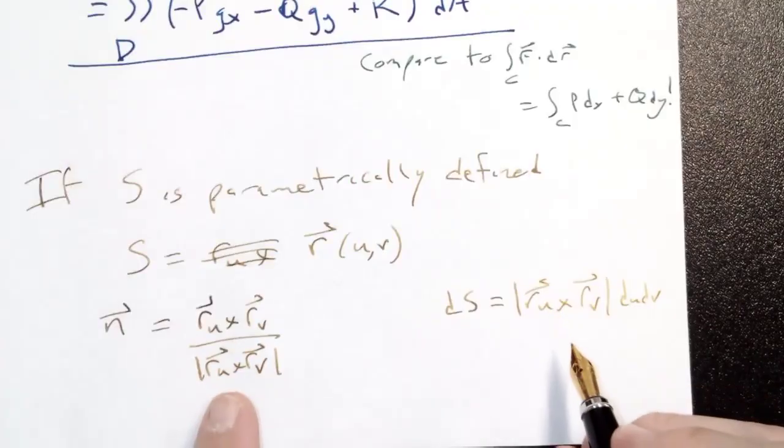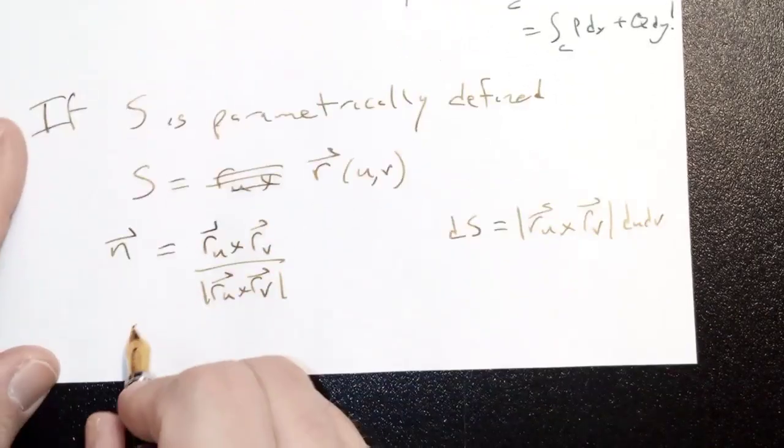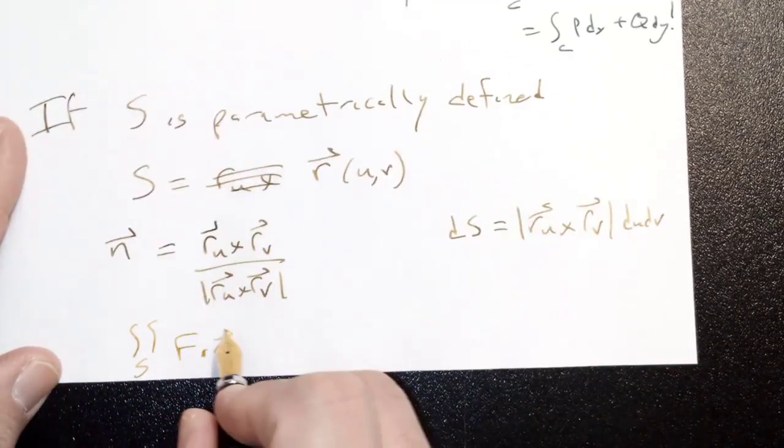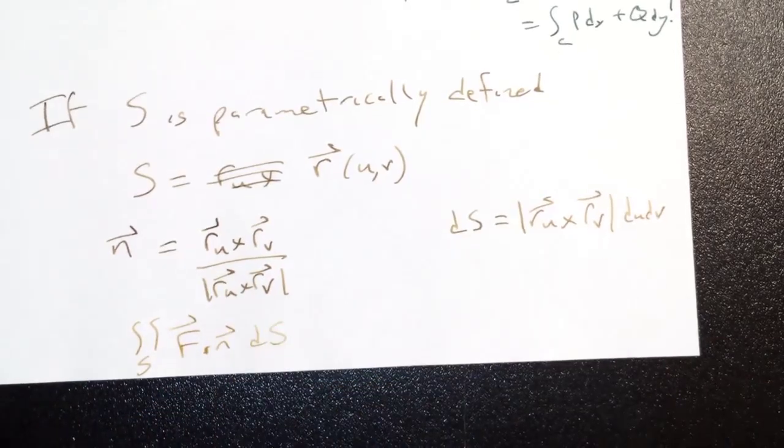Hey, wait a minute. I'm going to do f dot n dS, right? The double integral over the surface of f dot n dS. What happens when I do n times dS? Yay!